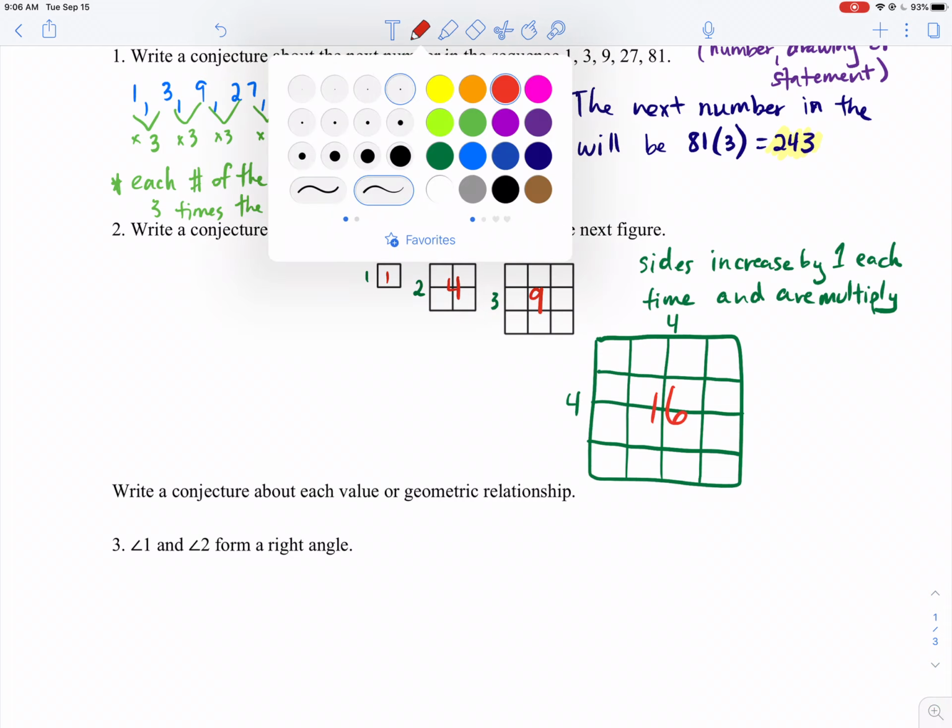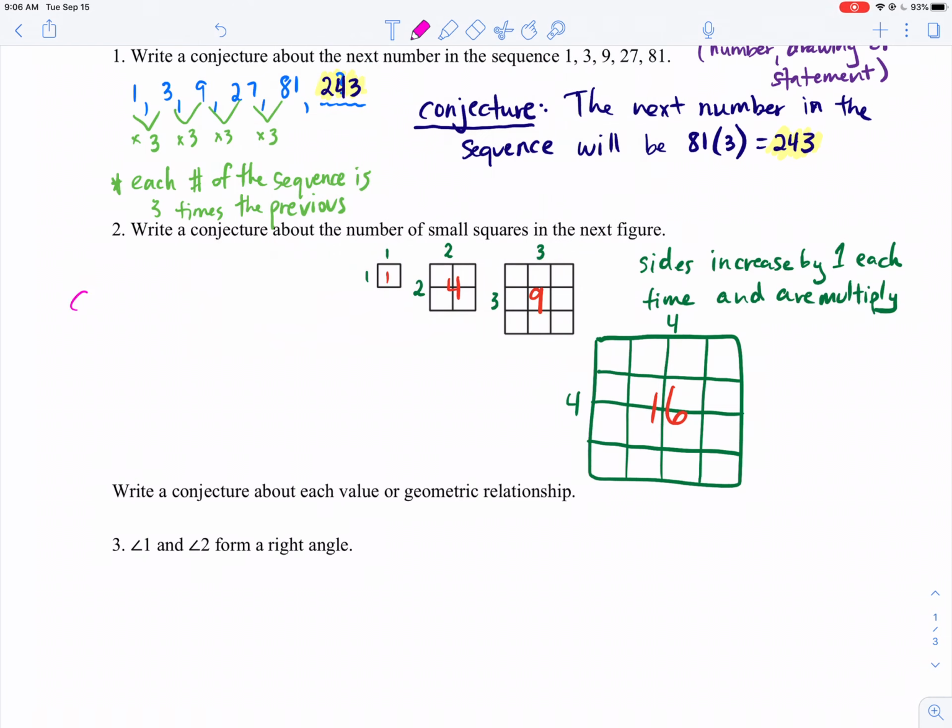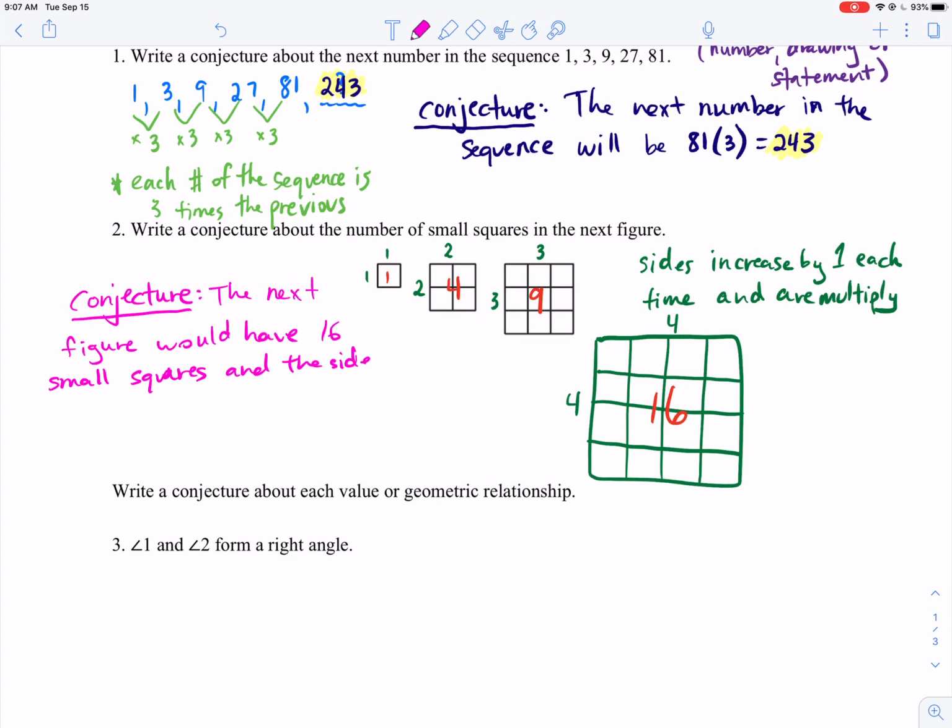So our conjecture for this one is that we would say the next figure would have 16 small squares and the sides would be 4 by 4. Now some of you might have written 4 by 4 first, that's fine. Okay, so that's an example we're using with our diagrams.